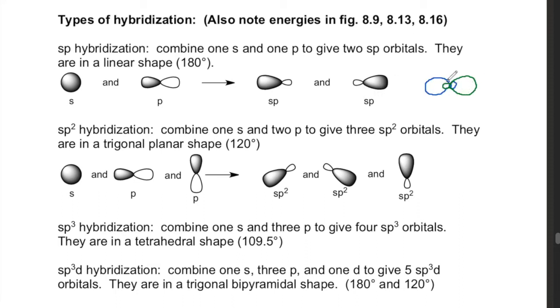I've drawn one in green, one in blue, and they end up forming this 180-degree separation. This is the kind of hybridization that takes place in a linear molecule. In a linear molecule, you have two electron regions that you need to make room for. So you're going to combine two atomic orbitals and end up with two hybridized orbitals to hold those two groups. And they end up being 180 degrees apart.